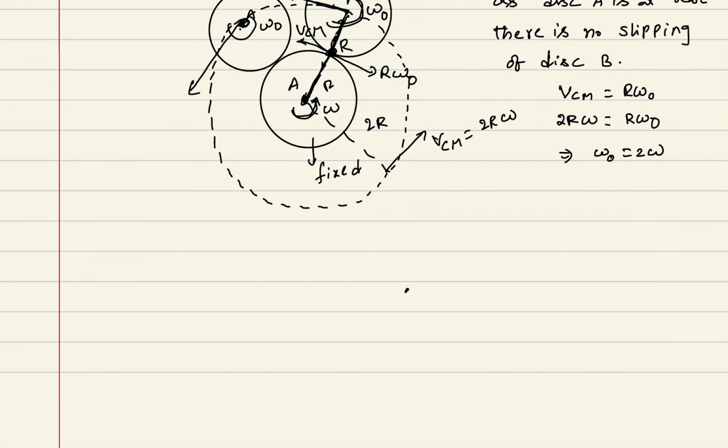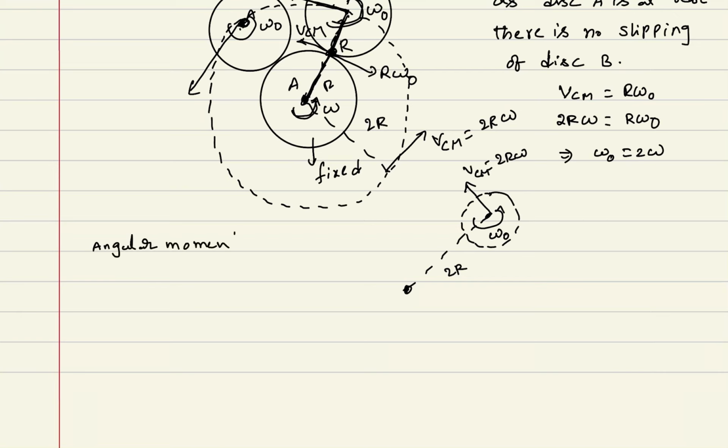Now we can see disk B is moving with velocity v equal to 2r omega. At the same time the same disk is rotating about its center, having angular velocity omega naught.